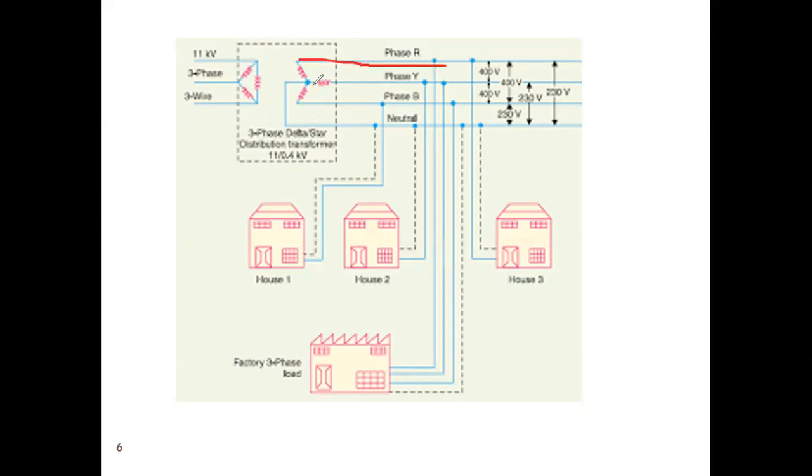Here the phase R, phase Y, phase B, and the neutral are also brought out. This is a three phase four wire system. Between the two lines our supply voltage is 400 volt, and between the line and neutral it is 230 volt, so that single phase supply and three phase supply are distributed.